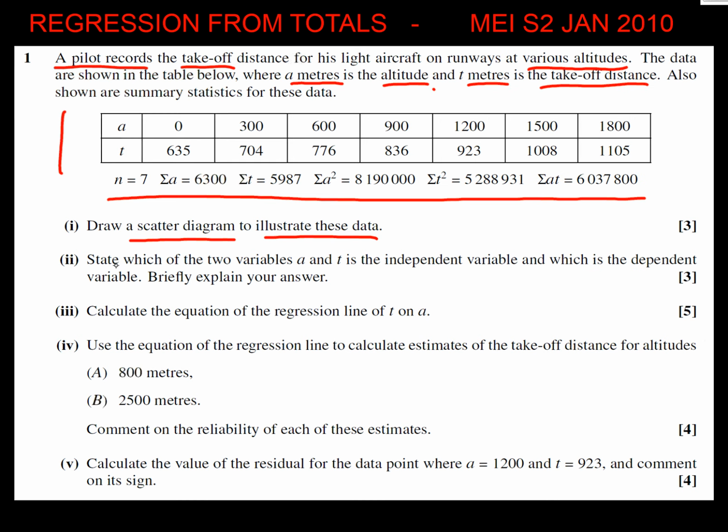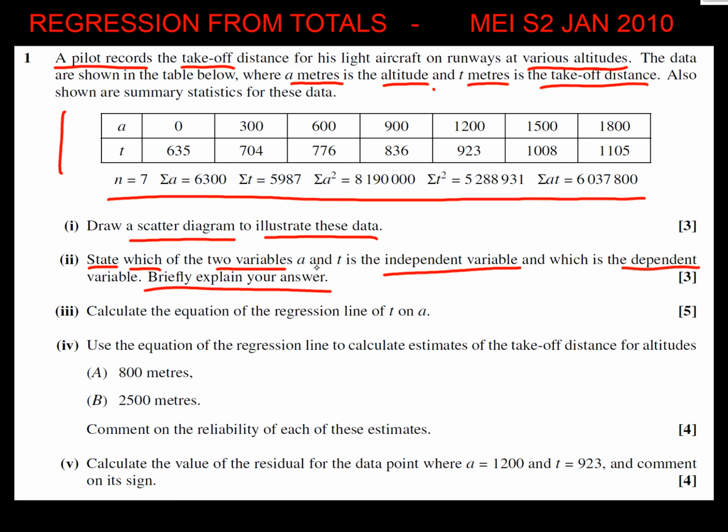Okay, let's have a look at the next part then. Part 2: State which of the two variables A and T is the independent and which is the dependent, and explain your answer. Well, what's this guy doing here? He's trying to work out what the takeoff distance is at different altitudes, and therefore his table's set up that way, with the altitude being 0, 300, 600, 900.